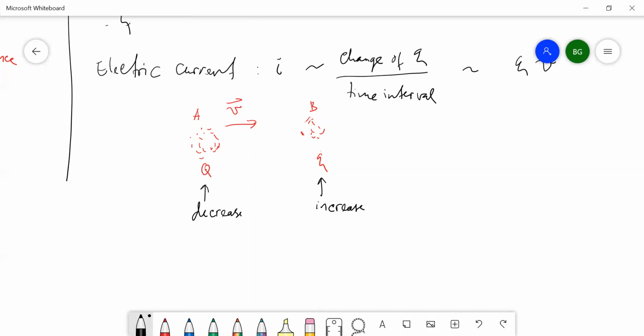So there will be a net charge that travels from point A to point B.